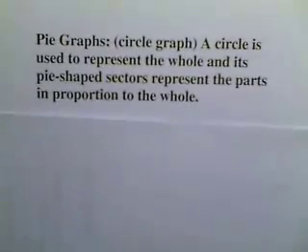A pie graph is often called a circle graph. It's called a pie graph because it's shaped as a circle and divided into sectors so that it looks like a piece of pie.